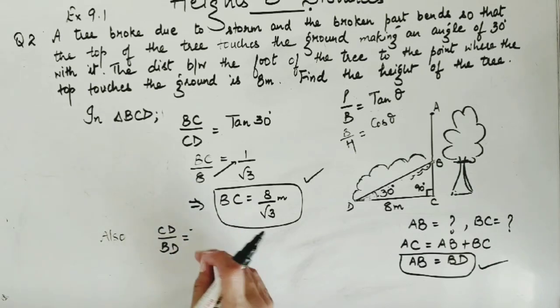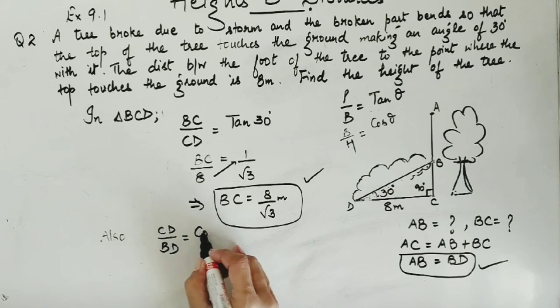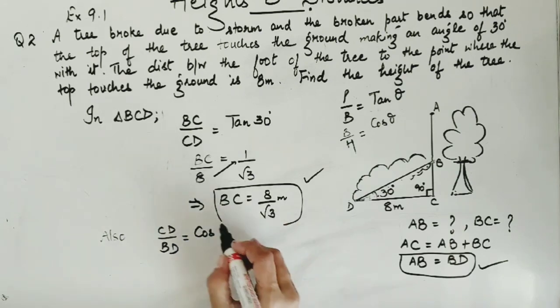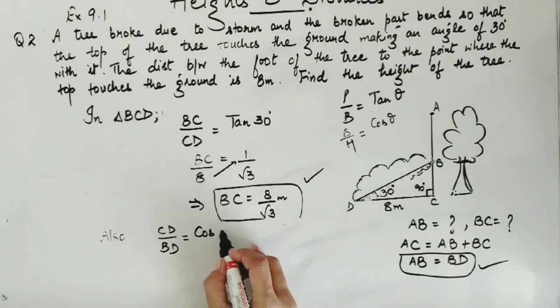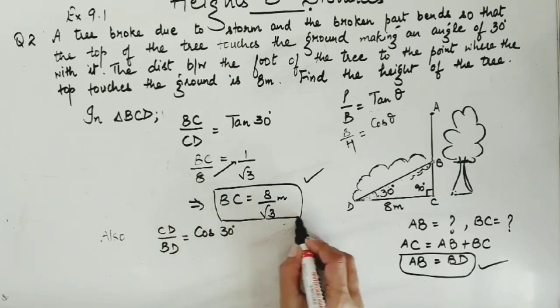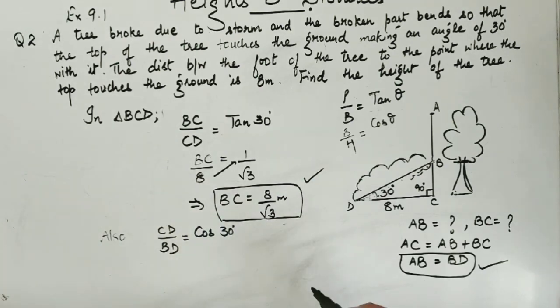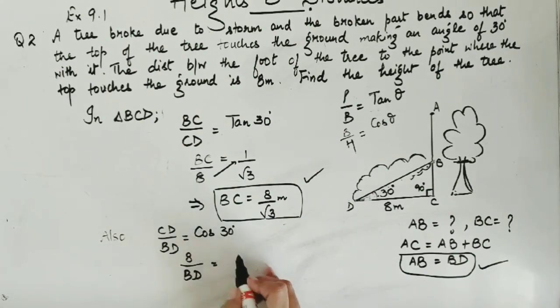and it is cos 30. The measure of CD is 8, BD is unknown, cos 30 is root 3 by 2.